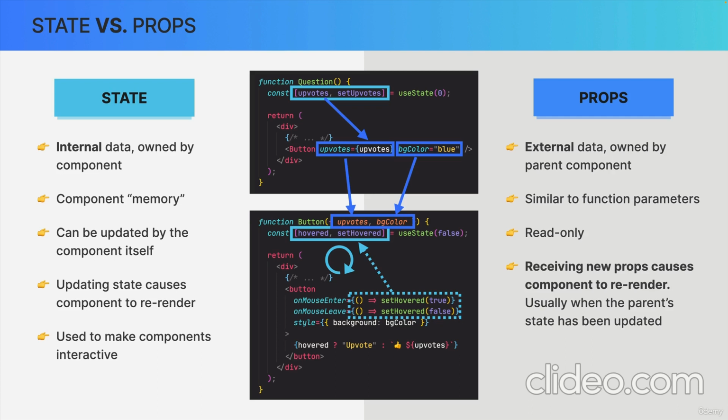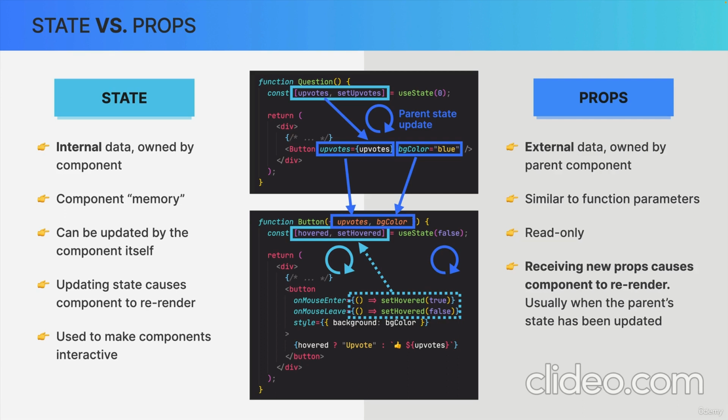Now, if this piece of state is updated, of course the question component who owns the state will be re-rendered. But it makes sense that the child component who basically receives that state as props should also be re-rendered, right? Because how else would the button component be kept in sync with the state that it received as a prop.